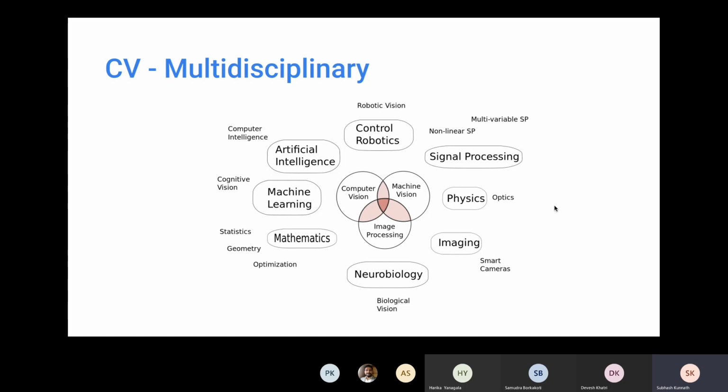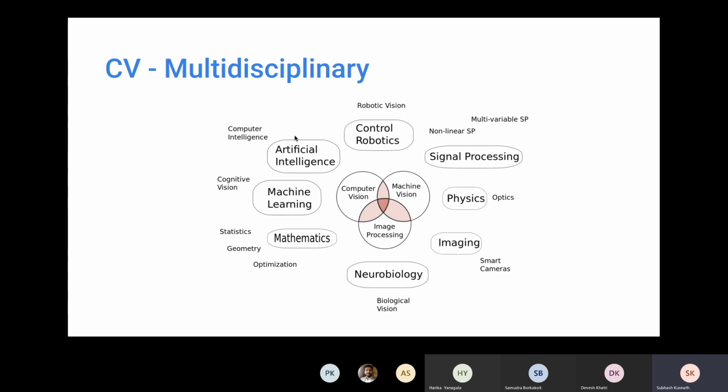And physics, there is the optics part, like the lens and dealing with light. Then the camera imaging part and the signal processing part, and control robotics, if it's robotic machinery using computer vision.